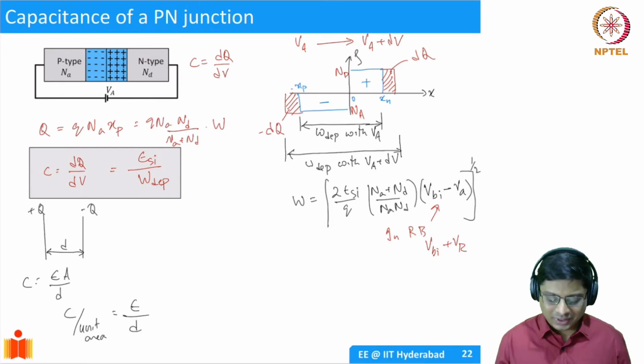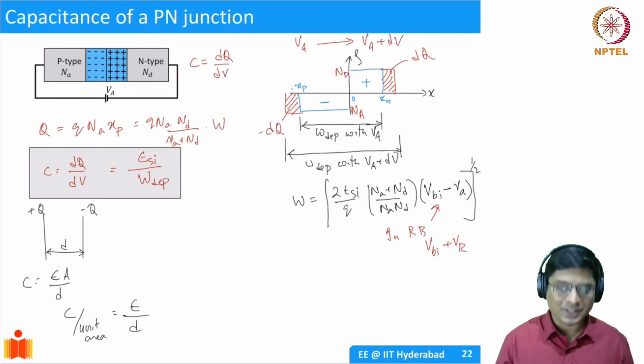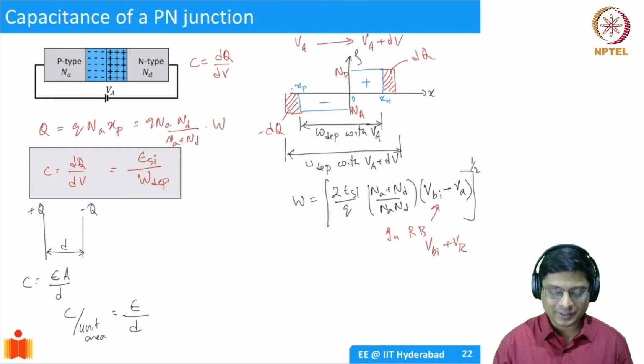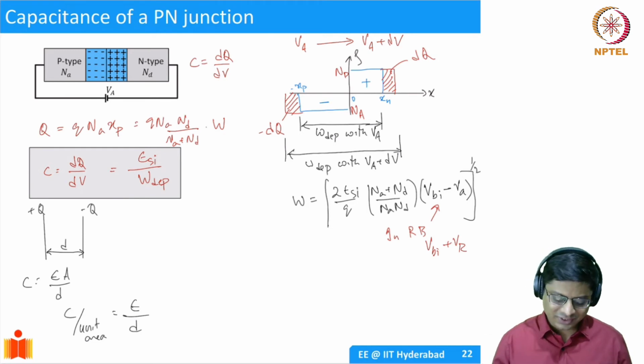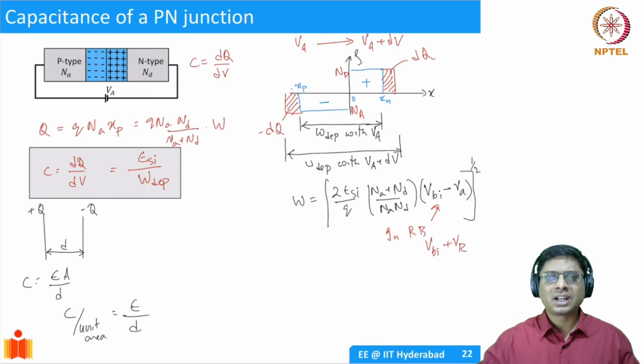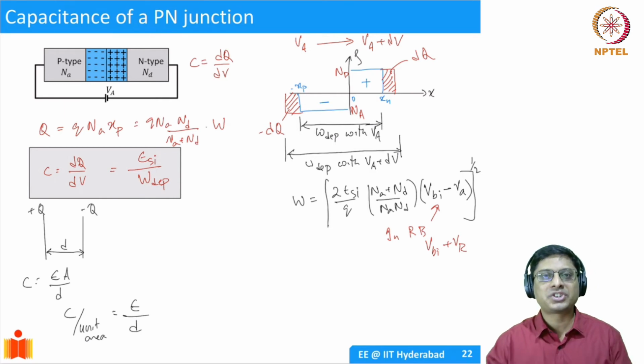There is no reason for us to expect that the depletion capacitance should be epsilon divided by the width of the depletion region. Or if you have a way, you must be remarkably smart. At least I didn't think about that way. But it turns out that this is an entirely different charge configuration, right? In the parallel plate case, you have two unique charge plates, plus Q and minus Q. But in a PN junction, you have a distributed charge.